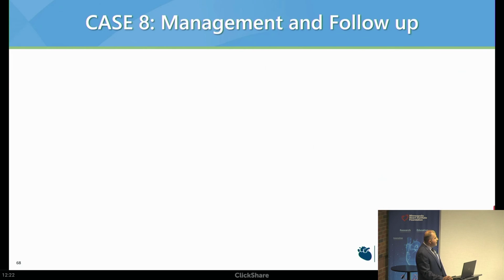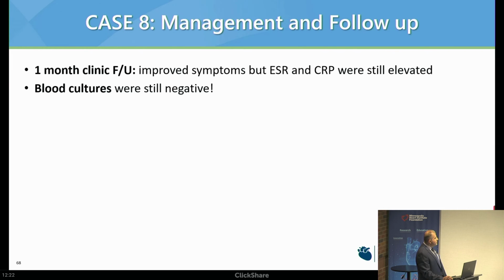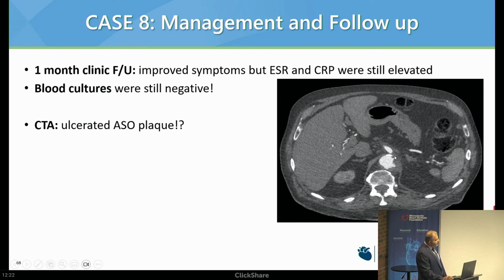We brought him back 4 weeks later, and his symptoms improved, but his ESR and CRP continued to be elevated. His cultures, we're still looking for infectious processes, were still negative. And then look at the aorta this time. It's more suspicious. Is it also already plaque right here? What is going on? This is a big change in 4 weeks.